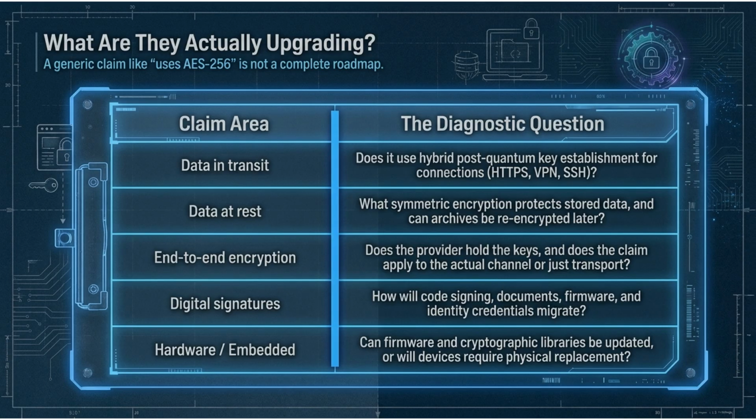For data in transit, check if the product uses hybrid key establishment for network connections like HTTPS or secure shell. For data at rest, ask what symmetric encryption protects stored data and if archives can be re-encrypted. For end-to-end encryption, confirm whether the post-quantum claims apply to the actual end-to-end messaging channel or merely to the transport layer. Finally, check if digital signatures and embedded hardware can be seamlessly updated.